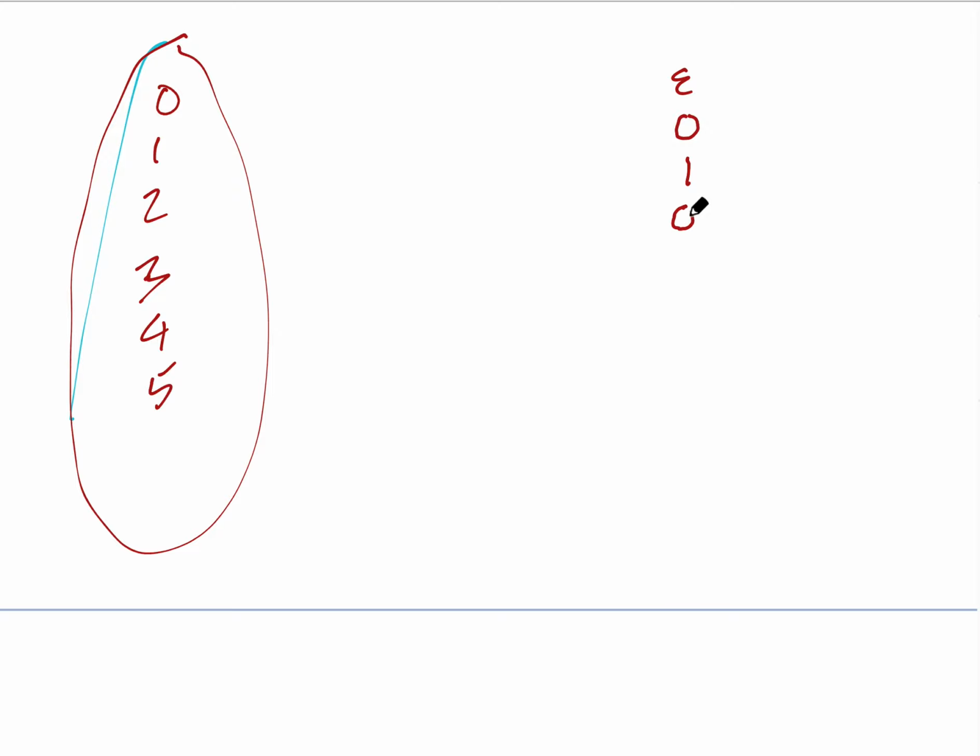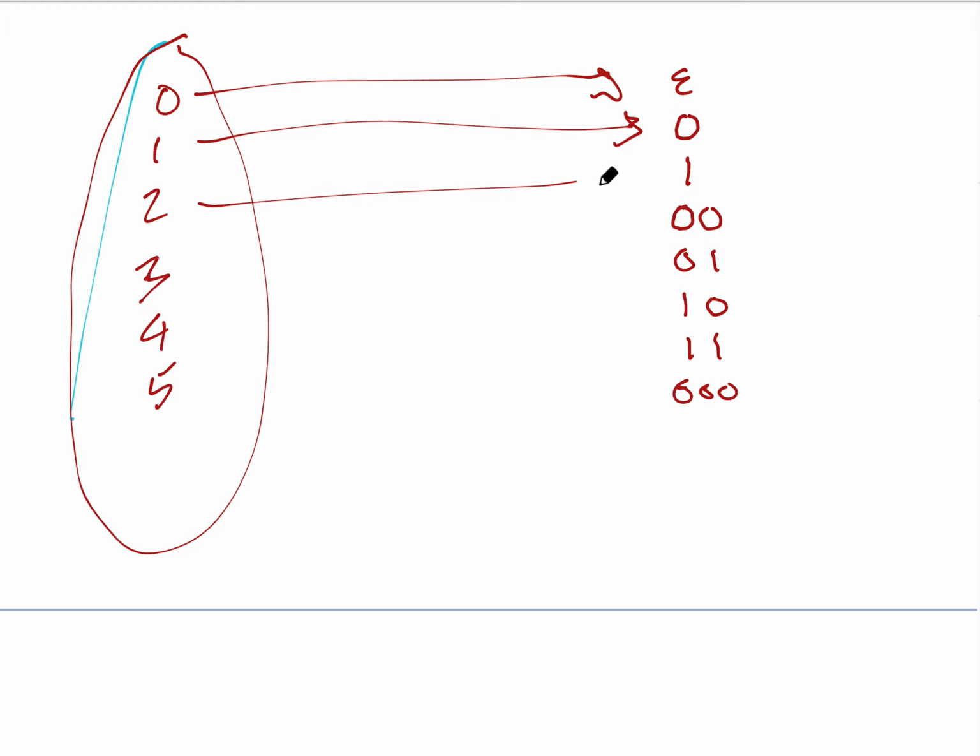Then we have 0 0, 0 1, 1 0, 1 1. Then we have strings of length 3 and so forth. And obviously, I can set up a bijection.